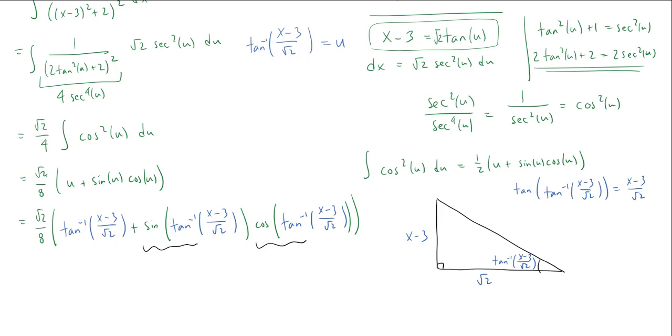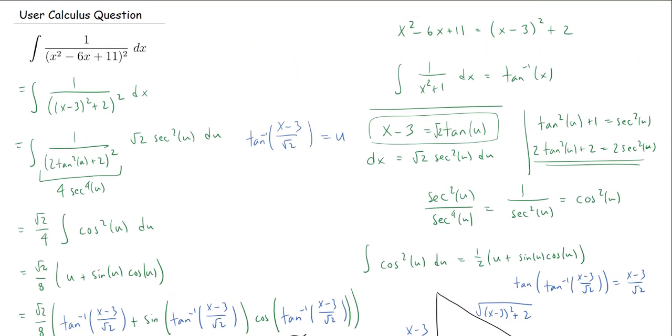Now I can use the Pythagorean theorem to get the hypotenuse of this right triangle. I would get the square root of (x minus 3) squared plus the square root of 2 squared, which is just 2. And this is really cool because this expression, (x minus 3) squared plus 2, is exactly what we got when we did the completion of the square of our original denominator.